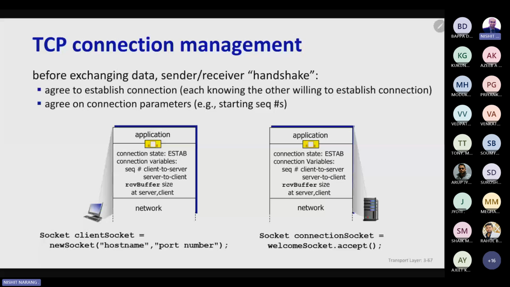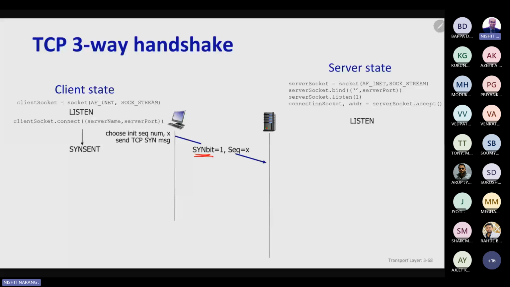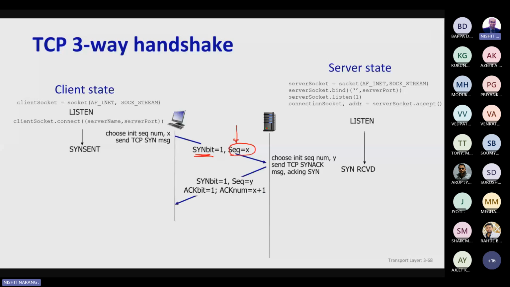When you open up a socket, TCP sends a SYN request to the receiver, setting the SYN flag to 1, SYN bit equal to 1. That was the flag we set, RST, SYN and FIN. And it sets the initial sequence number: I'll start sending data with this initial sequence number. The server listening on the receiving port receives the SYN and acknowledges it.